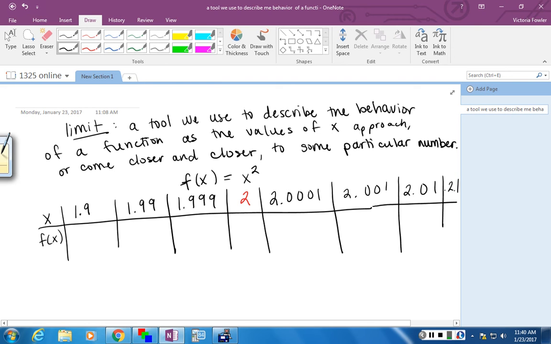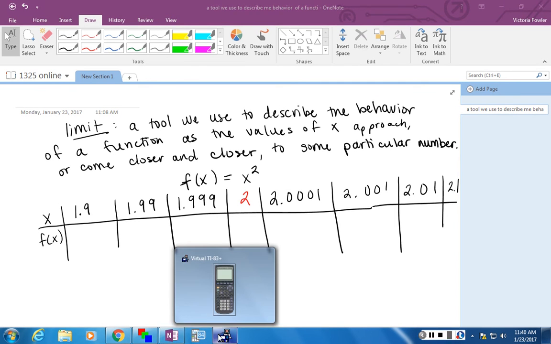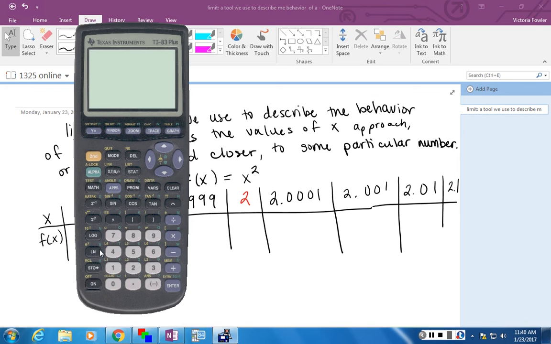So what I would do is I would go to my calculator, and assuming that I don't make any errors, I can take some values and plug them in. And in fact, what I may do, just kind of to show you, is let's turn this calculator on. So let's say I go ahead and I put in the function x squared, and then I tell my table to ask me what values I want to show up.